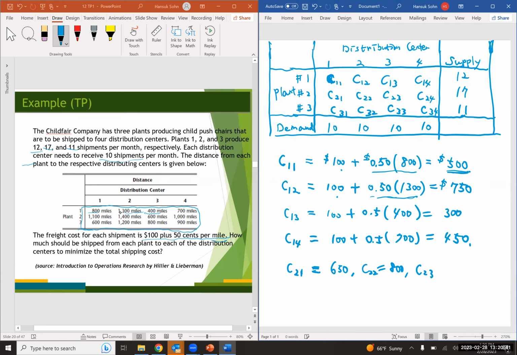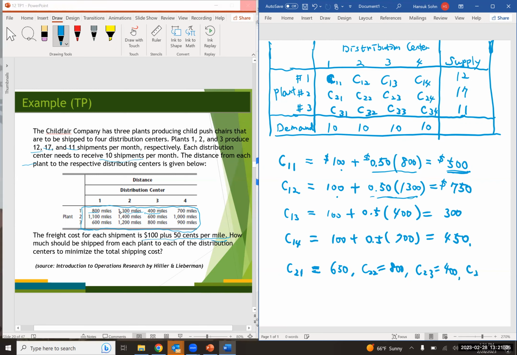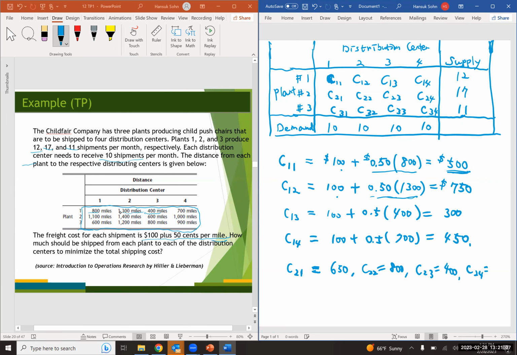C sub 23, 100 plus 600 times 0.5, right? Okay, 300 plus 100 is 400, right? And C sub 24, how much is that? 100 plus 0.5 times 1,000, so it's going to be 600, right?